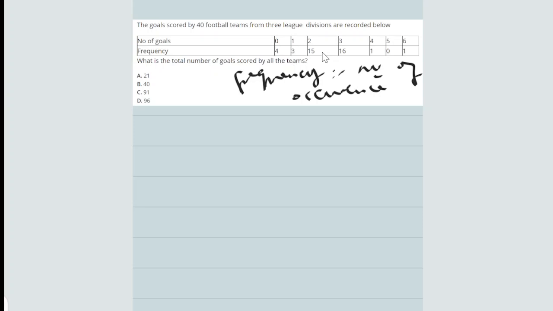So if you now want to find the total number, that is n, your n is what? Summation xf. So this x, that is the goal, multiplied by what? The frequency. When you add them together, the product of xf will give you the total number. And if you don't forget, when you are doing the average, that is the mean, what is your formula?